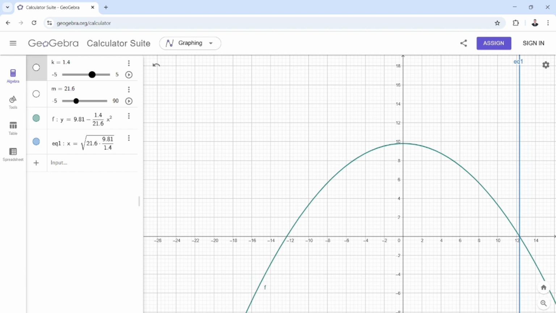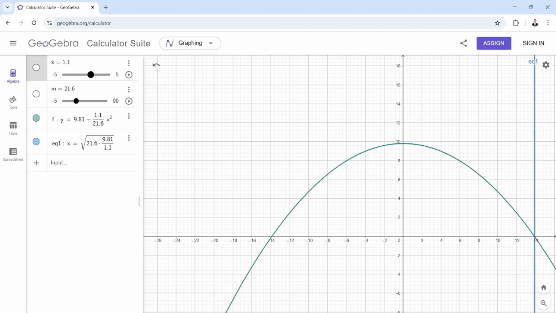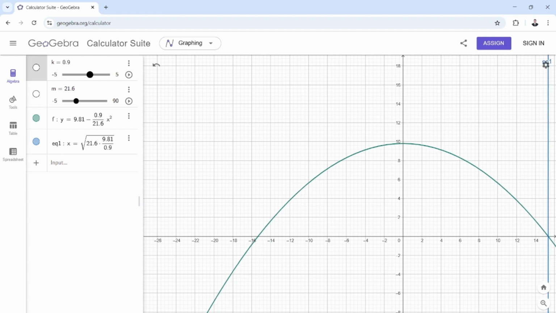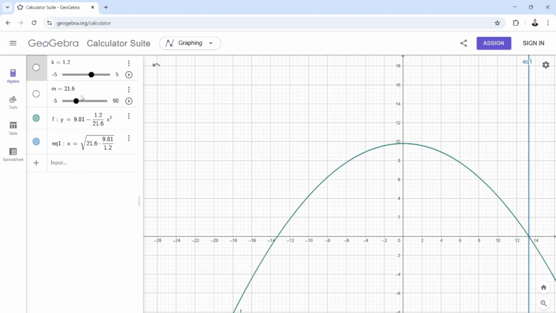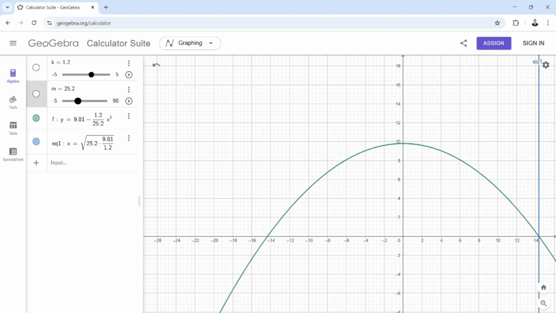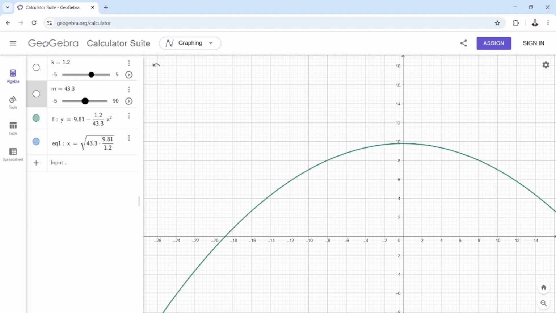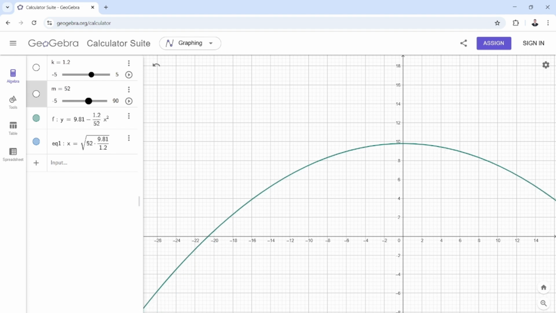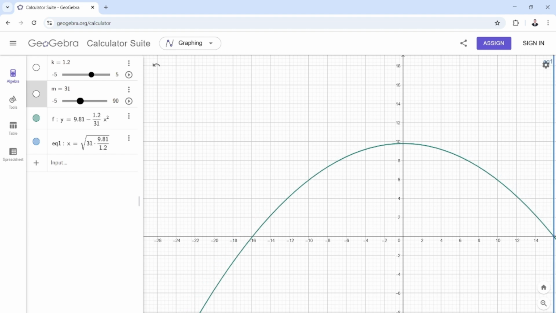We can change k, like 1.1, 0.9 k, 0.7 k. This is what happens when we change the k. And m, the mass, we can also change, like from 22 kilograms, 43 kilograms. We change it to 50. As you can see, the graph also changes.